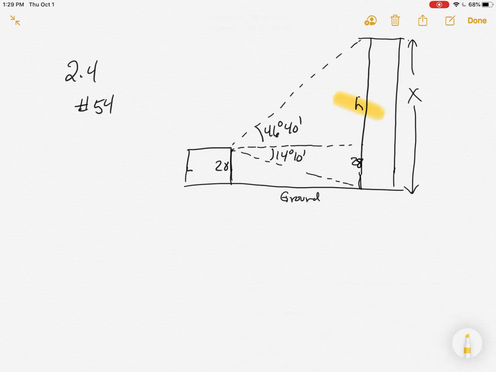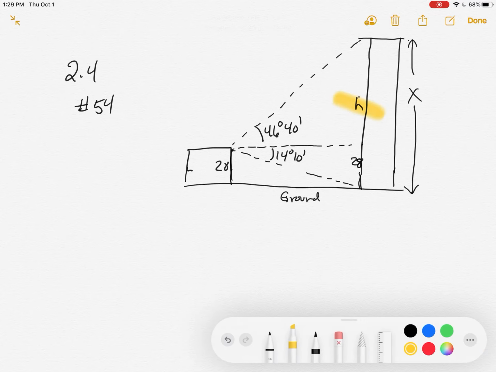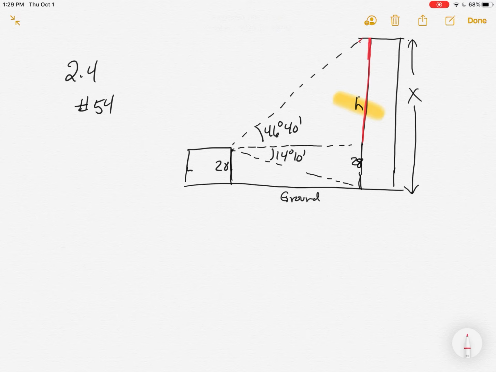Ultimately, keep in mind this goes all the way up to the height of the building. Then x is going to be equal to that h plus the 28 that I already knew. Okay, let's do it. I need to be able to get that h.